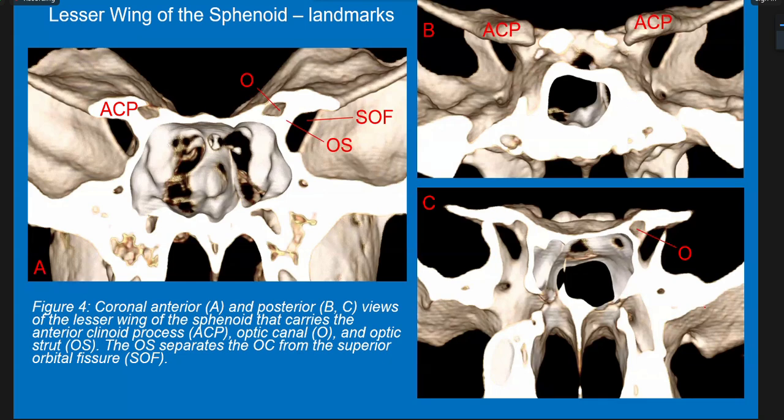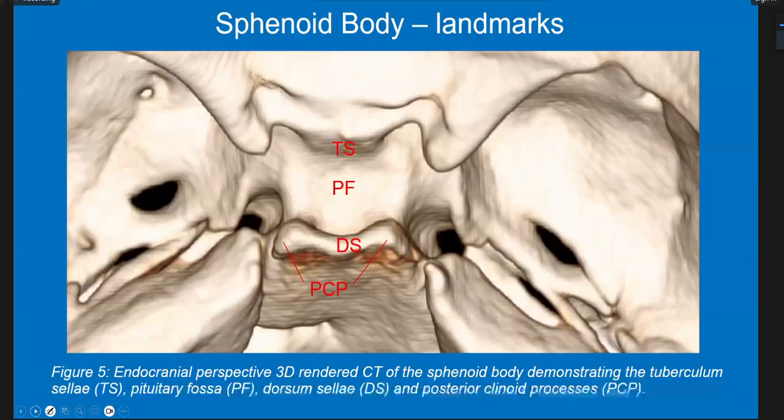And similarly, you have a different perspective. You have the anterior clinoid process. You have the maxillary strut separating the inferior orbital fissure with the rotundum. You have the choanal arch here, and obviously the body that is made up of the sphenoid sinus.